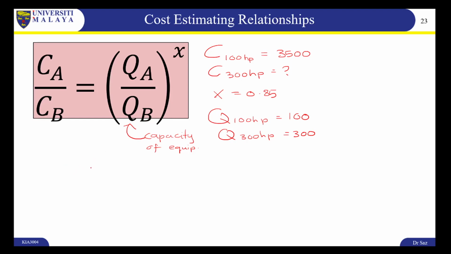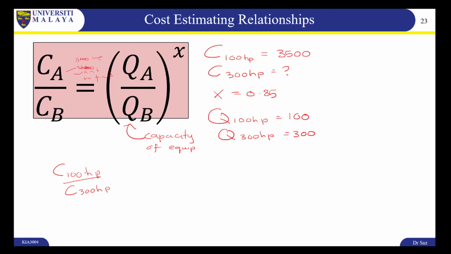Now let's put all of these into the equation. So C 100 horsepower over C 300 horsepower. Oh, remember again, the one that we want to find out goes on top.